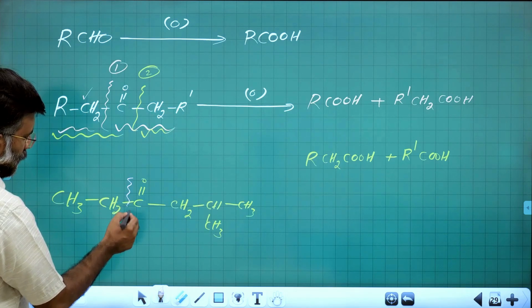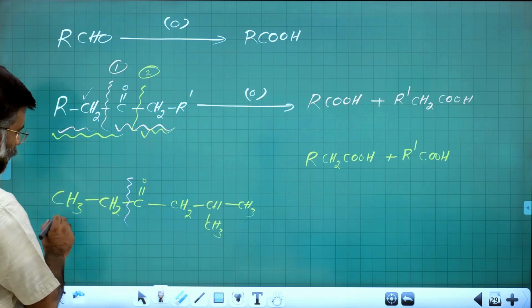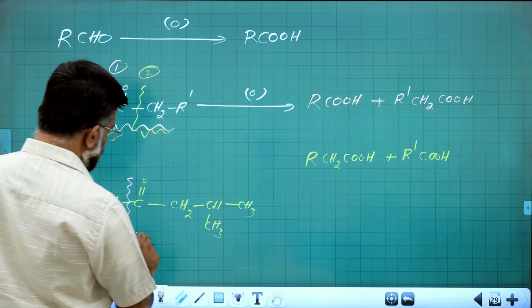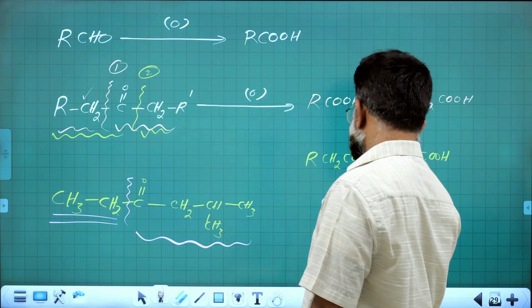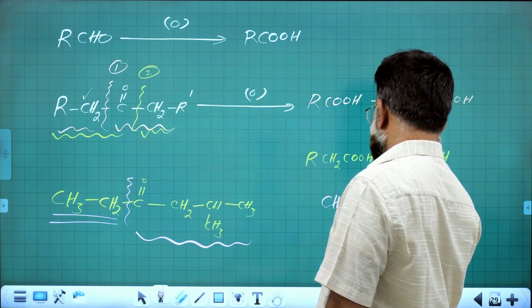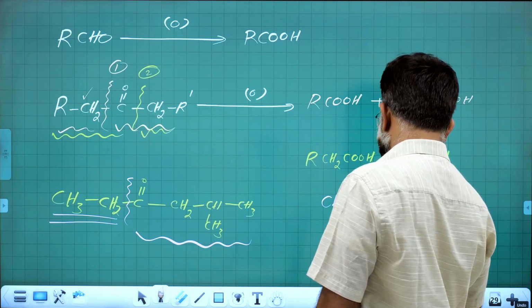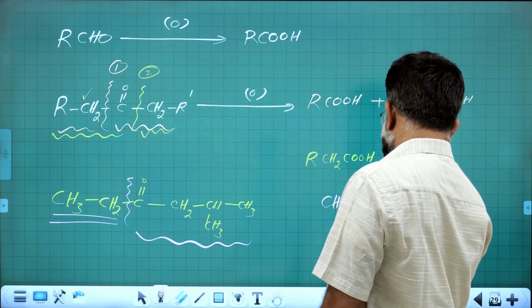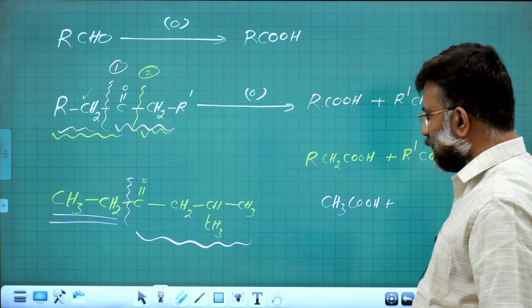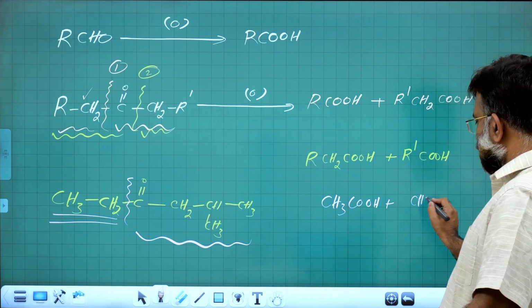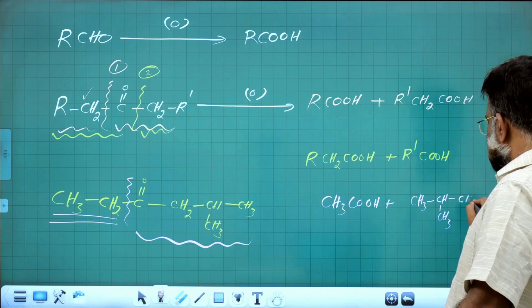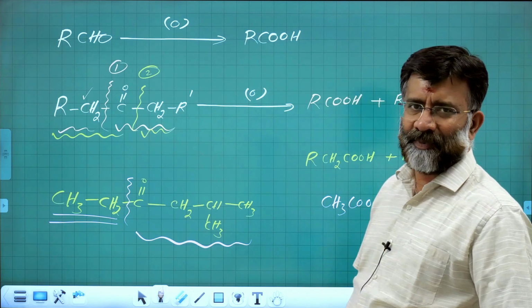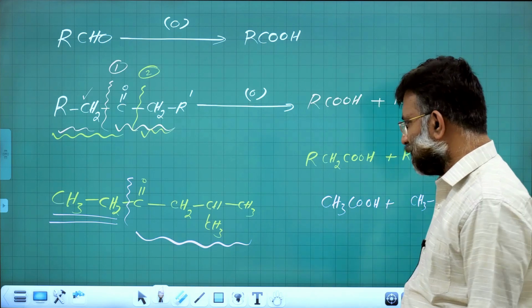You take the cleavage over here, you get ethanoic acid, and this as a carboxylic acid. So you will get product number 1, CH3COOH, ethanoic acid, and what do you get? CH3CH(CH3)CH2COOH. That is another possibility, right?